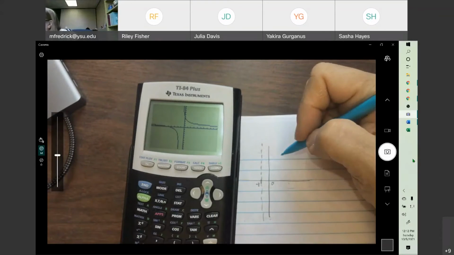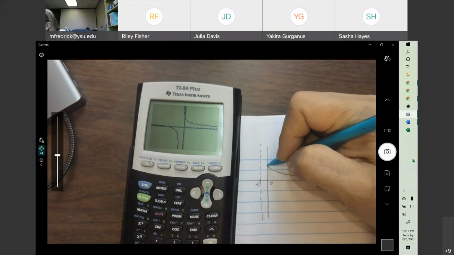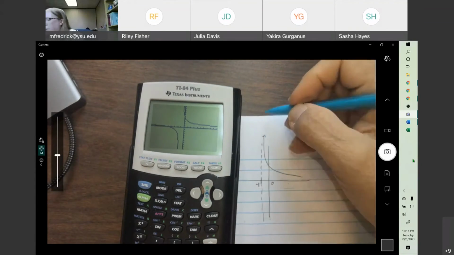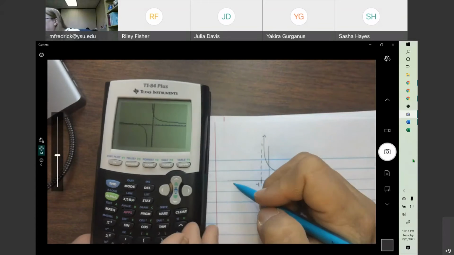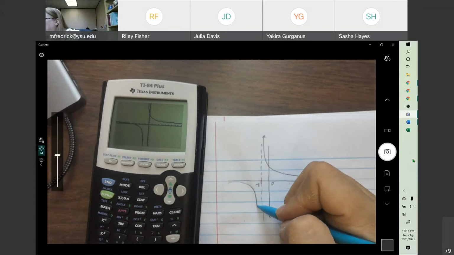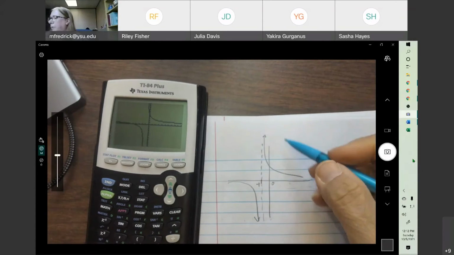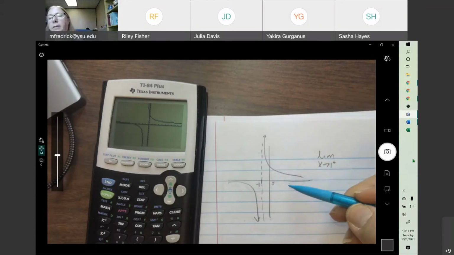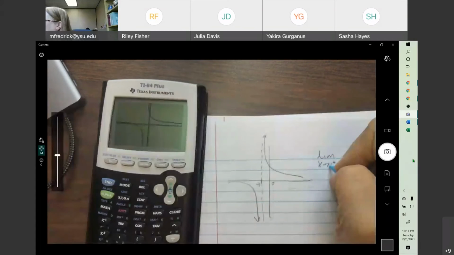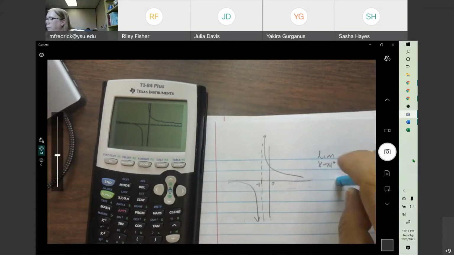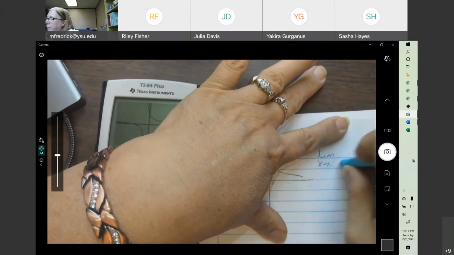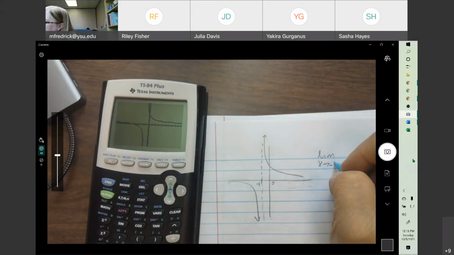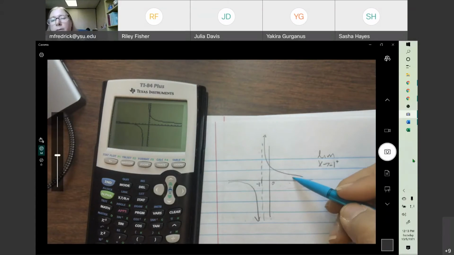But what it's doing is this graph is going like this. And on this side, it's going down. So from the right, should be this side, to negative 1. We're going this way.